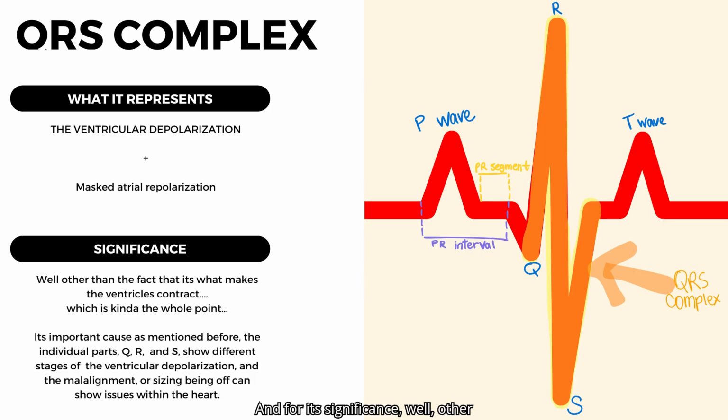For its significance, other than the fact that it's what makes the ventricles contract, which is kind of the whole point, it's important because, as mentioned before, the individual parts, Q, R, and S, show different stages of the ventricular depolarization. And misalignment or missizing, being off, can show issues within the heart.